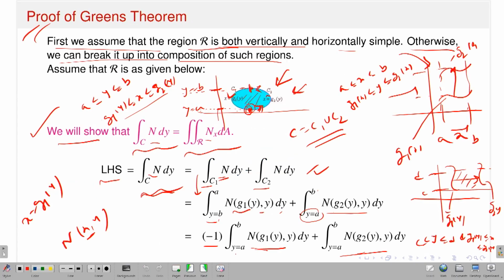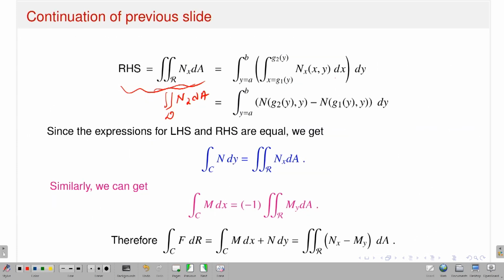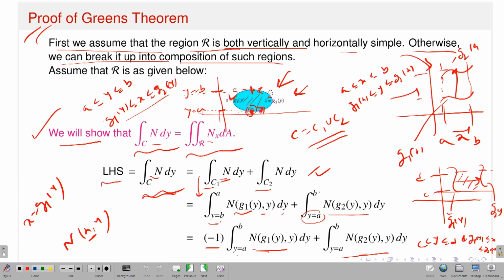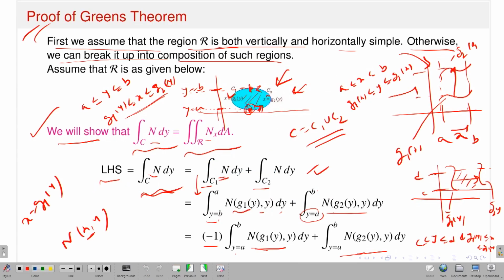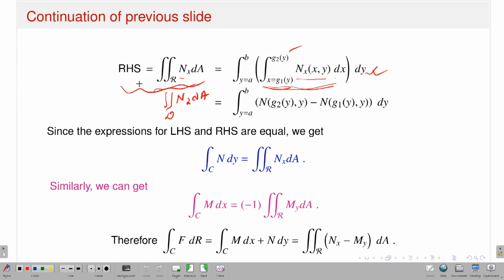So the integrand is N_x, del N del x at the point (x, y). I first integrate with respect to x, because x runs from g1(y) to g2(y). Whatever I get is a function of y, and then I integrate with respect to y, and y varies from A to B. I have already discussed this kind of thing when I talked about double integrals. So the right hand side double integral, whether over R or D, is exactly equal to this iterated integral.